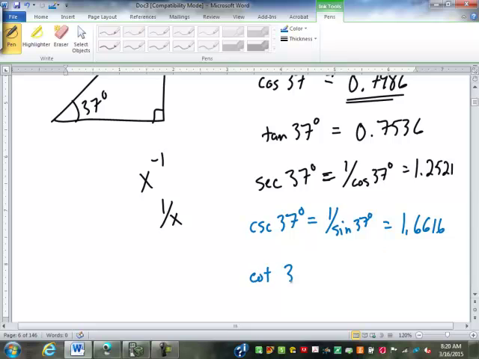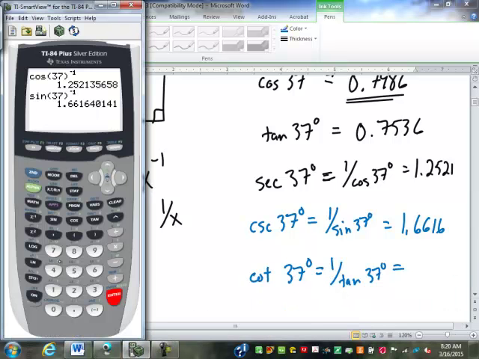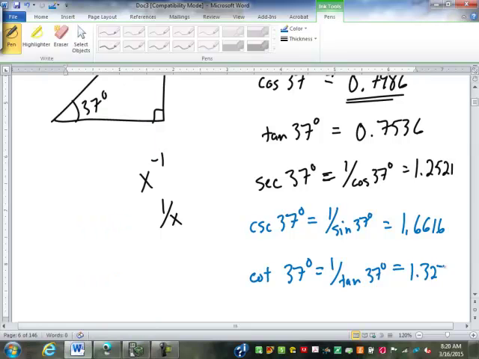We can do the cotangent of 37 degrees, which is going to be the reciprocal of the tangent. Let's take a peek, see if it is. So I'm going to do tangent 37, close. That sounds about right. 1.3270, you've got it. We'll get to that in the next couple days.